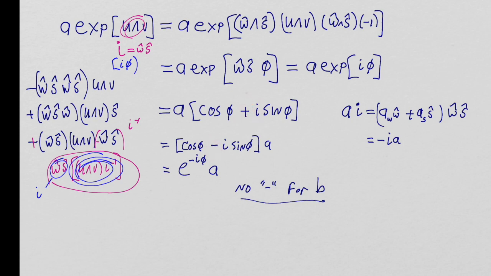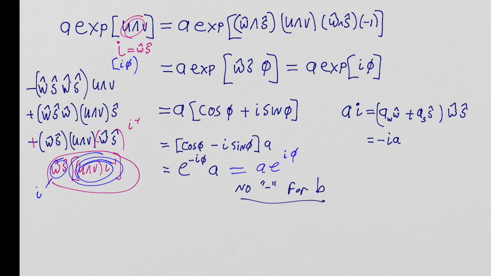So I can say that if a is in the plane, I get e to the minus I phi a on the left, with e to the I phi on the left. Well, I guess what I'm showing is that this final term equals a e to the I phi.